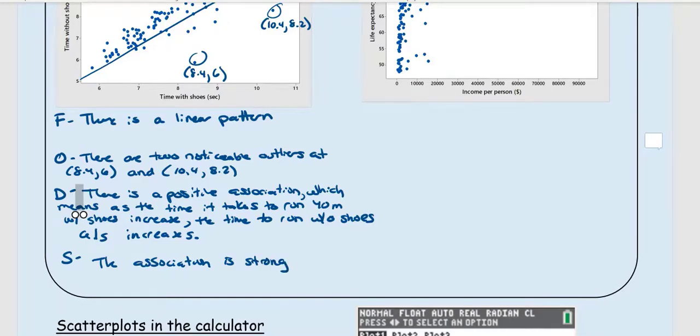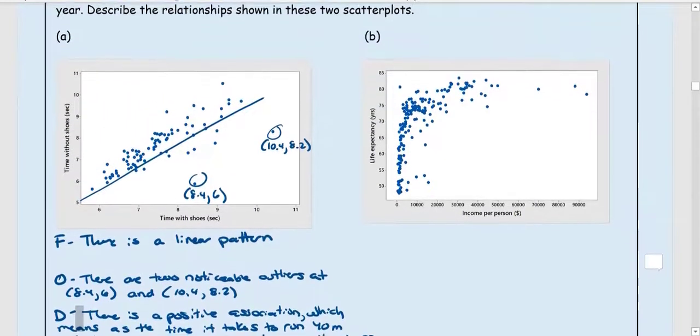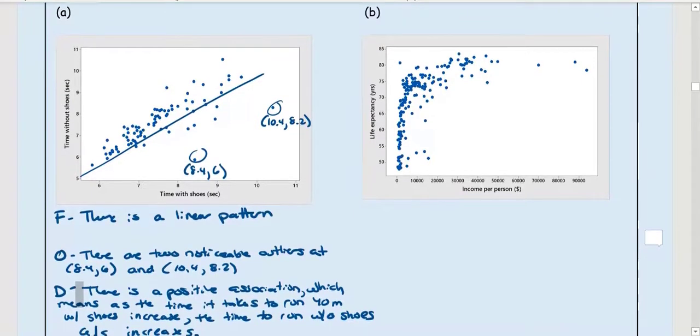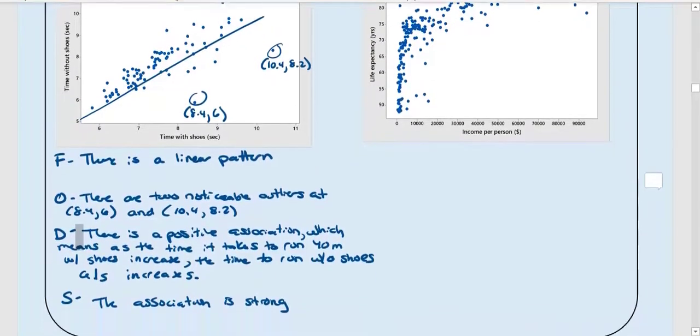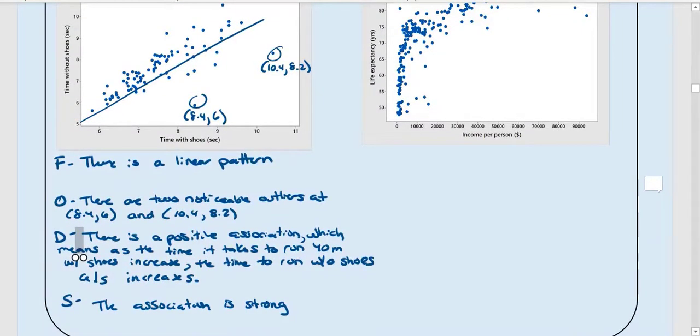Okay, so let's look at our second data set. Remember, this is the income per person and life expectancy of all the countries in a recent year. We have FODS. This is form.